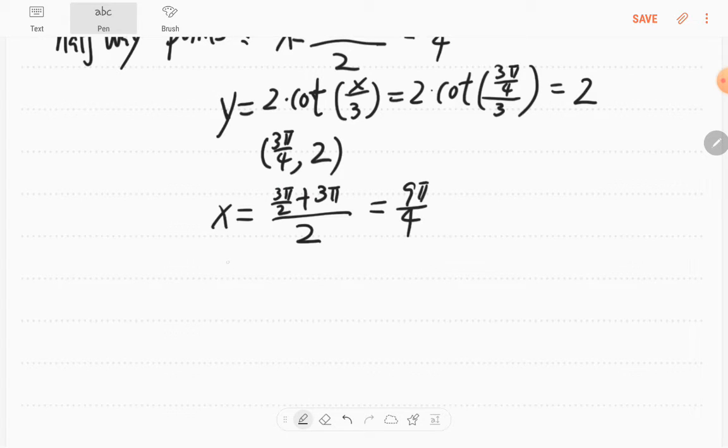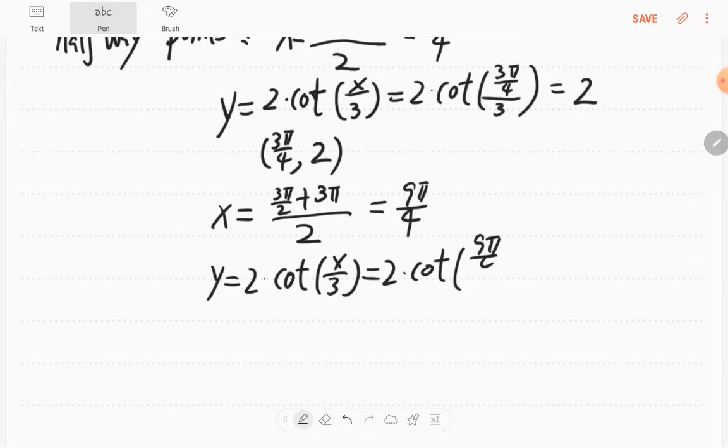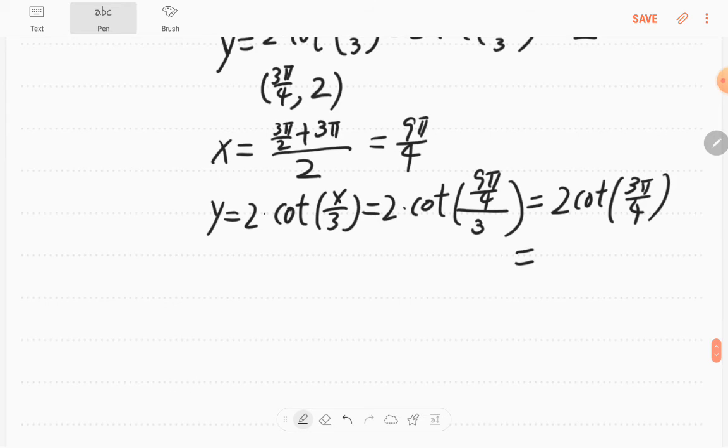So the y value at this halfway point would be 2 times cotangent of 9 pi over 4, then divided by 3. So this would be cotangent of 3 pi over 4, right? Cotangent has the same sign as tangent because it's 1 over tangent.